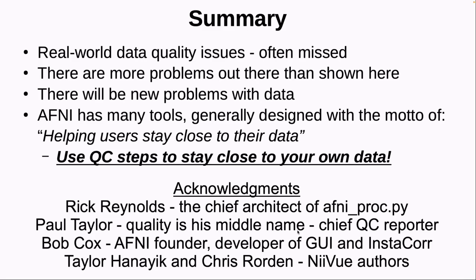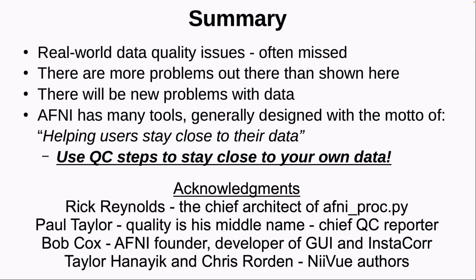Okay, so let's summarize what we've talked about. In the real world, these data quality issues are often missed, and hopefully with the methods you've seen today, you'll be able to find them. But we've only covered some of the problems with fMRI data.